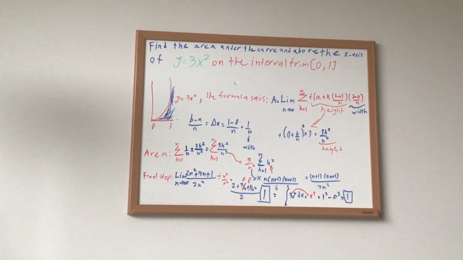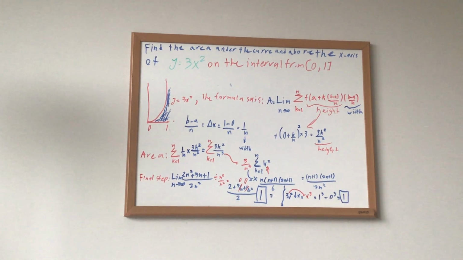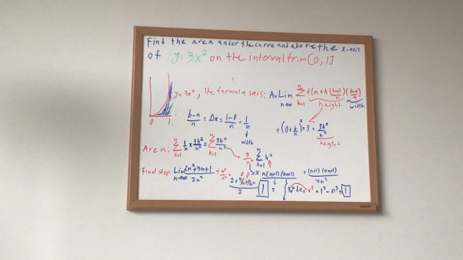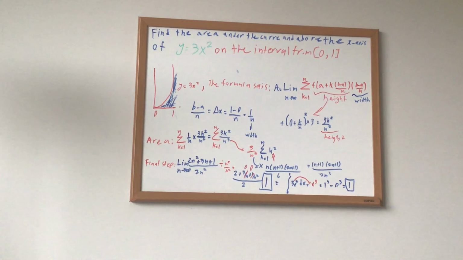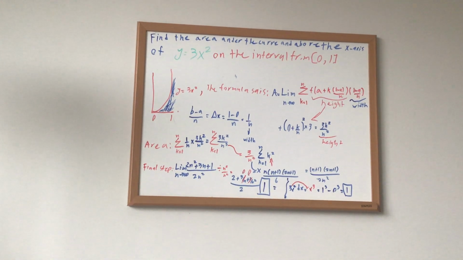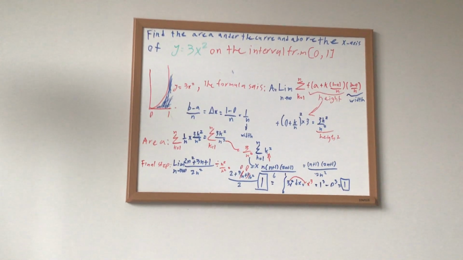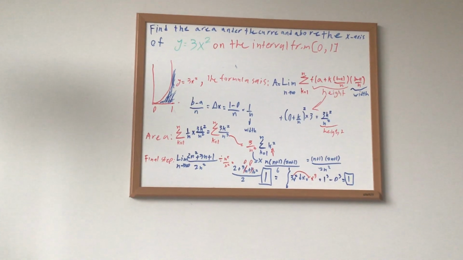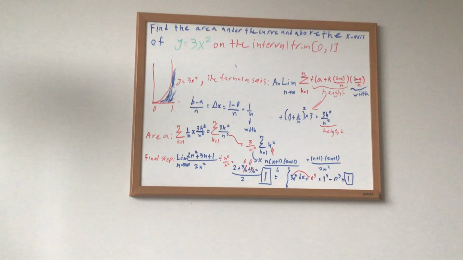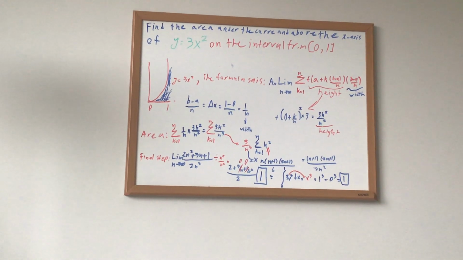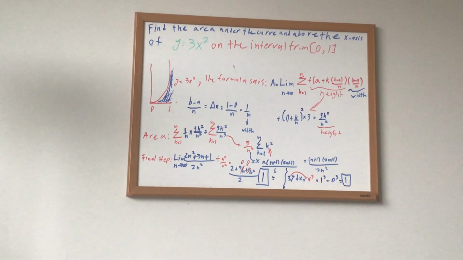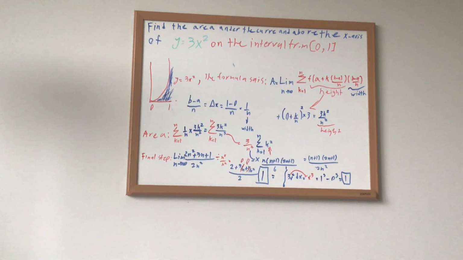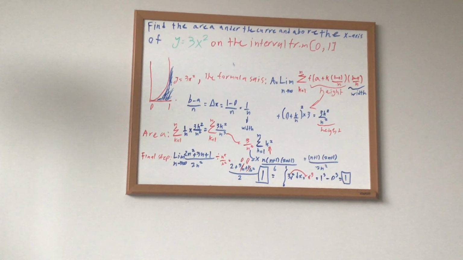B minus a over n is just 1 over n, as we calculated before, times k is k over n. And then there's a square because this function is a parabola and the degree is 2. So we should square 0 plus k over n. And then, because we have a coefficient of 3, we should also multiply this by 3.